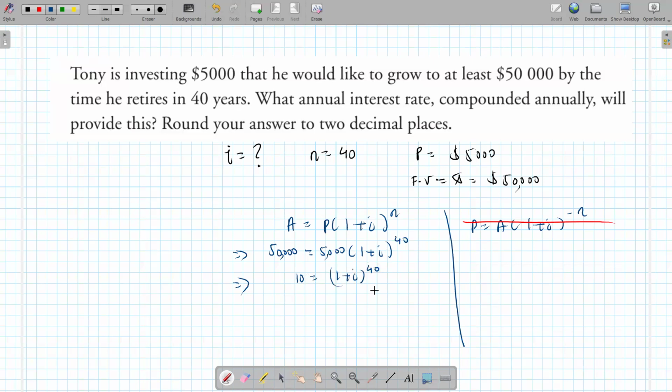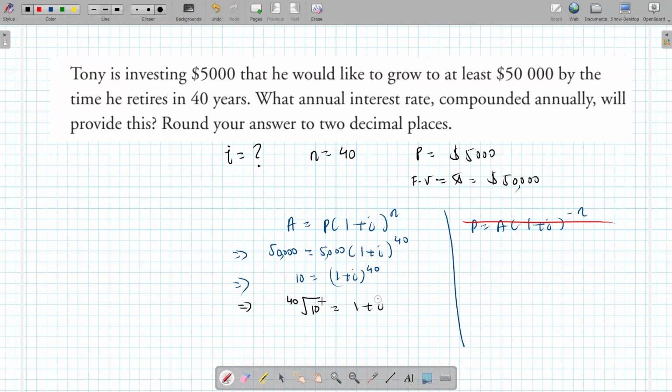What's the next step? I'll give you a hint. Do you want to get rid of that 40 first and then subtract 1? How do we get rid of that 40? You do the 40th root of 10.